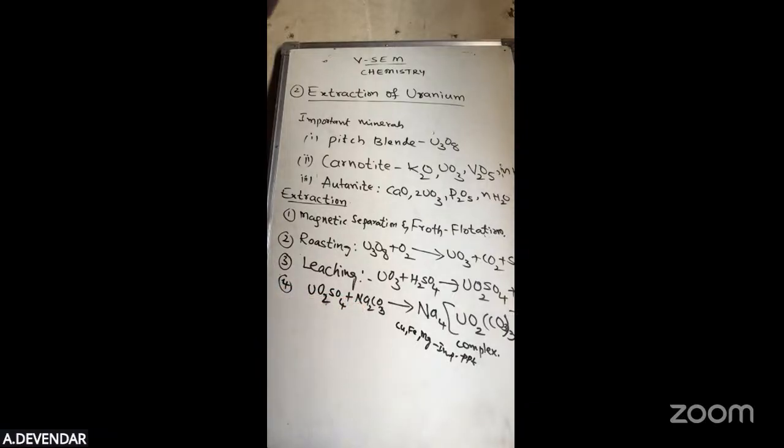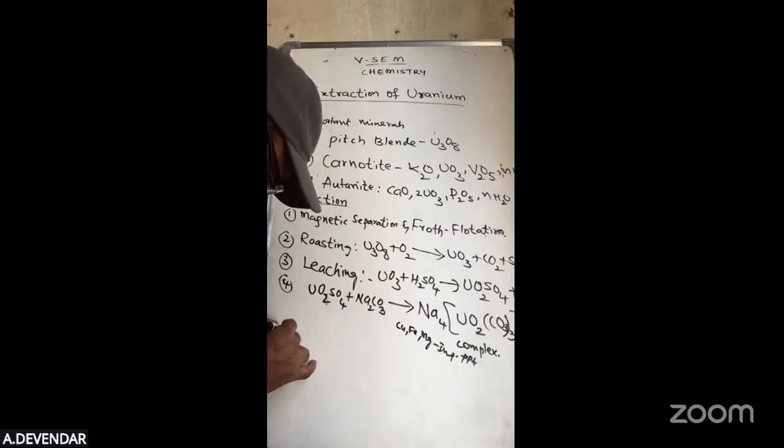This sodium carbonate complex compound is treated with sodium hydroxide, a strong base. After getting the complex compound, it is treated with sodium hydroxide so that sodium diuranate, a precipitate, is obtained.